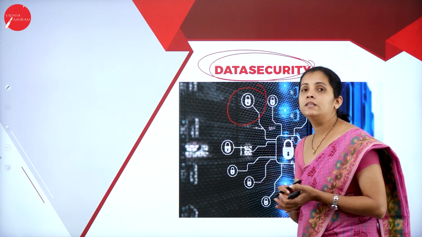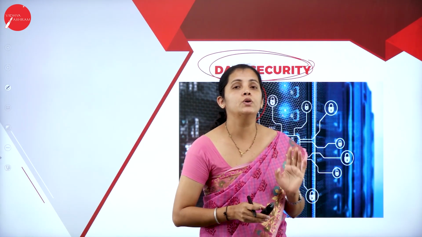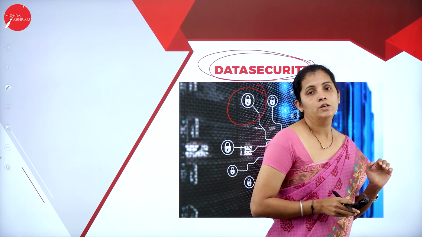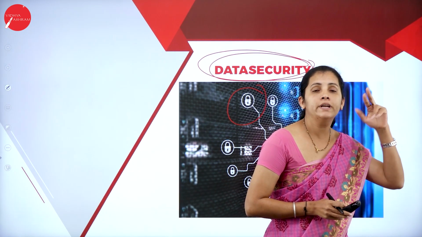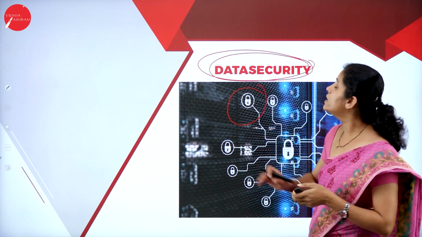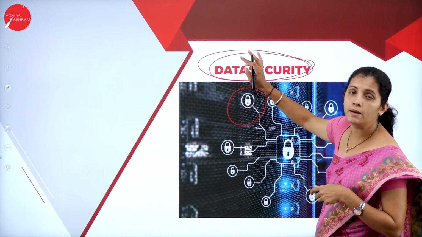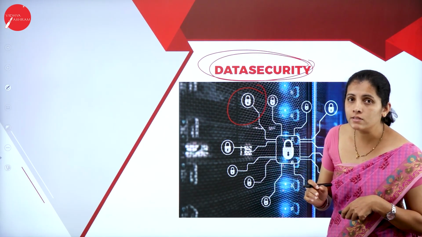Decryption is the reverse. Whatever transformed data you have must be converted back into your original data. So in data security, we have different kinds of encryption algorithms. So data security is also a branch or domain of computer science.